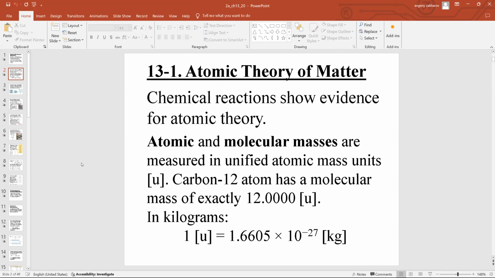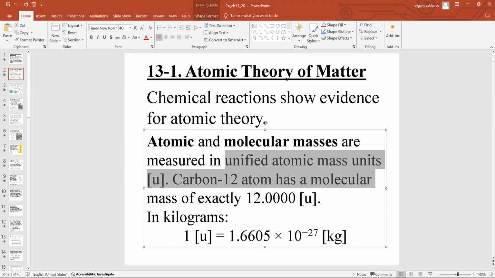And for chemistry, the chemists, they like atomic and molecular masses rather than just mass like we used to in physics. So if you see unified atomic mass units, the U for short, then you have to convert from those units to System International.